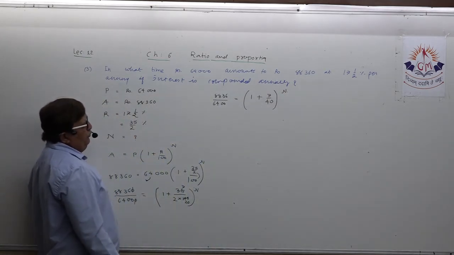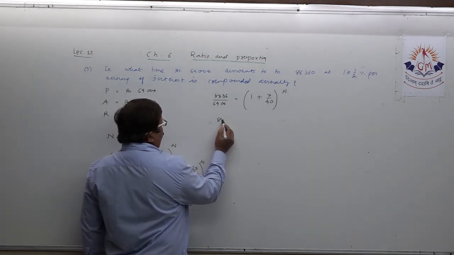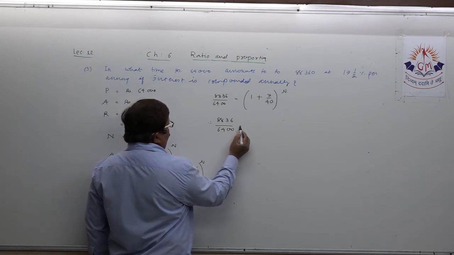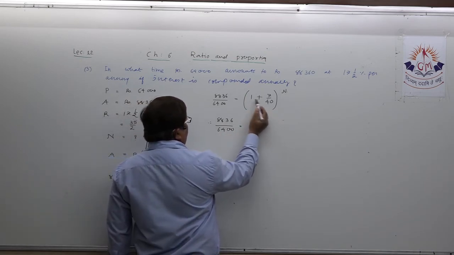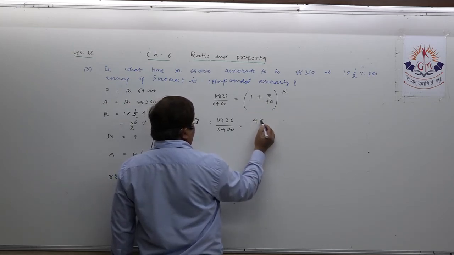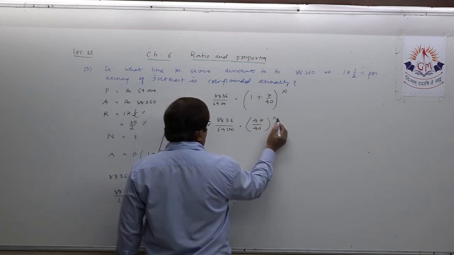Is it clear? Next, LCM: 8836 upon 6400 equals 40 plus 7, 47 upon 40 raised to n.